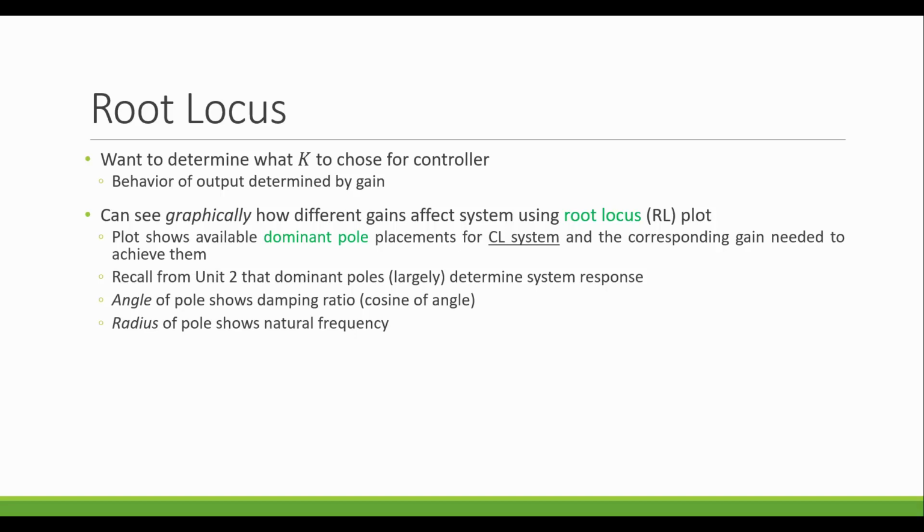Now, when we look at a root locus plot, really what we're seeing is where the poles can be placed based on the curve of the root locus, and the pole graphically is going to be located on the plot, and the distance it is from the origin is going to tell us the natural frequency, which we already know because the absolute value or the magnitude of our poles or eigenvalues was the natural frequency. And the angle of the pole is going to tell us about the damping ratio in the system.